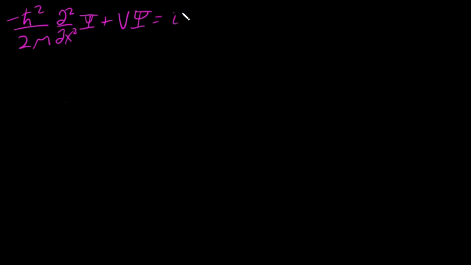So I'm going to write down the Schrodinger equation. Negative h bar squared over 2m d squared by dx squared of psi, plus V psi, equals i h bar d by dt of capital Psi.